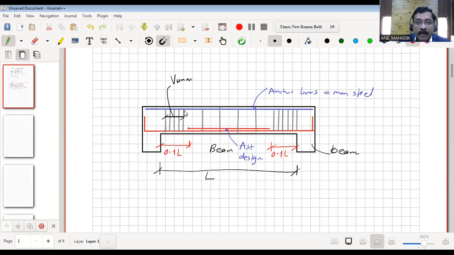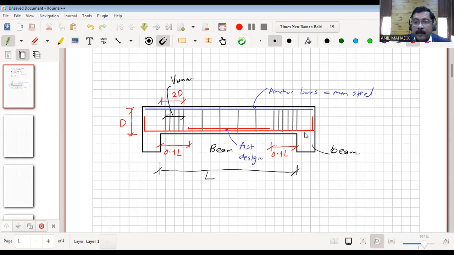Then what is the distance of these maximum stirrups? We will provide stirrups from here to here, which is 2D, and D is nothing but the depth of the beam. So this is the zone where we will provide closer spacing of the stirrups. Similarly here on the right side also.